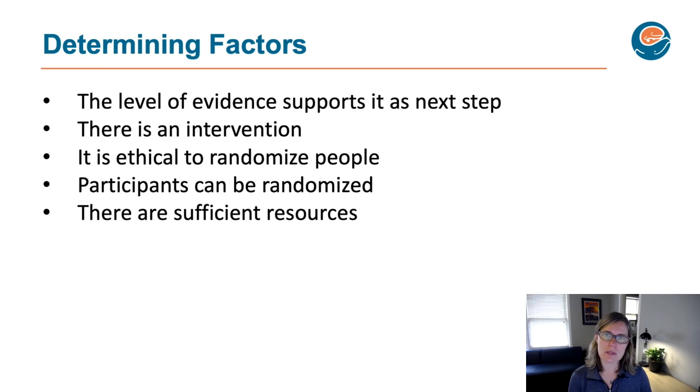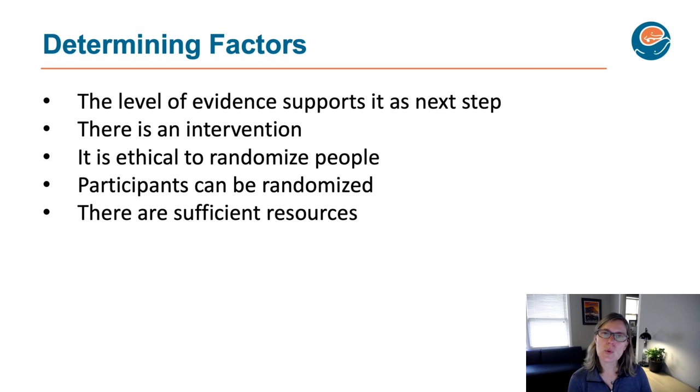So when do we do these studies? Well, as I mentioned, it depends on where we are in terms of our state of knowledge. We want to do an RCT when it's the next logical step. It's the next thing we need to know. You do RCTs when you have something that you can intervene on. In some cases, we just want to understand the natural history of a disease. That's not the time that we do RCTs.